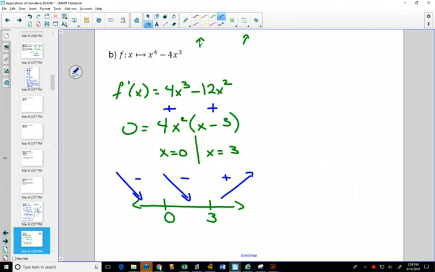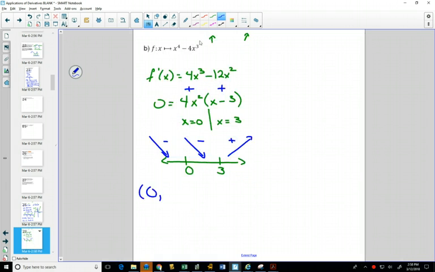If we check our values, we have 0 comma something and 3 comma something. I plug in 0 into my function, I get 0 comma 0. I plug in 3 into my function, and I get 81 minus 108, negative 27.